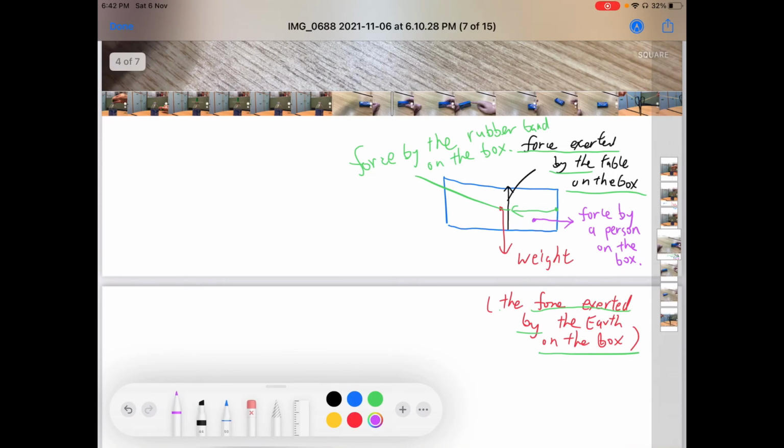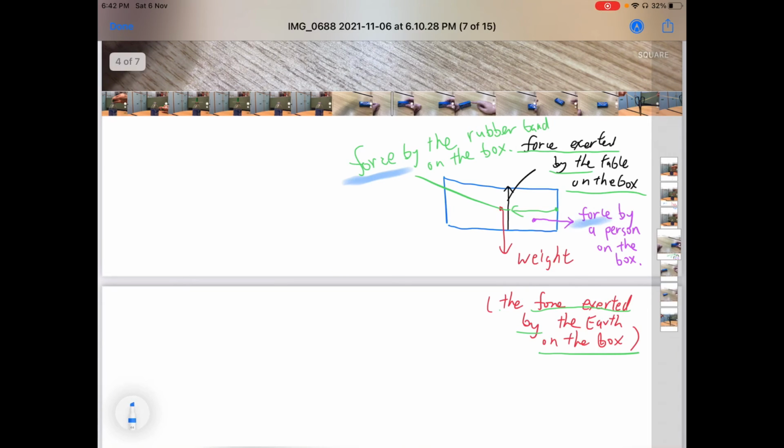And again, the format is the force exerted by something, the rubber band or the person, on the box.